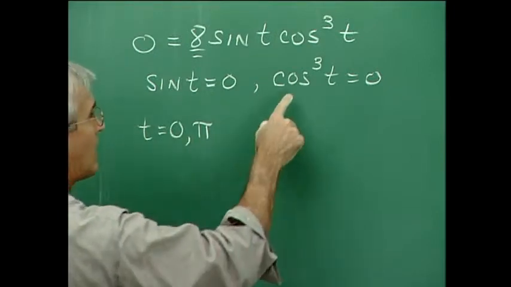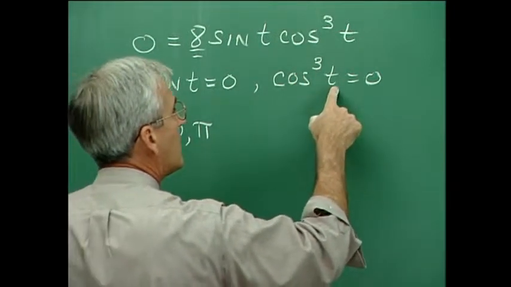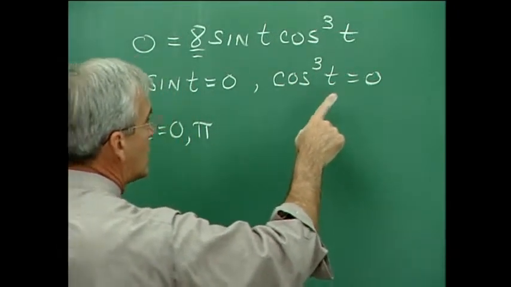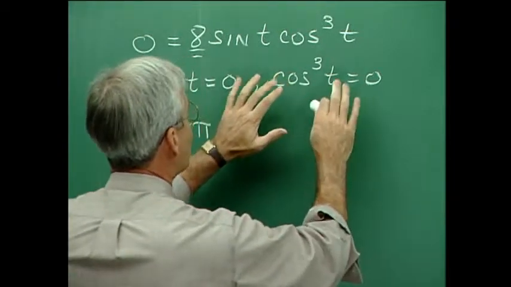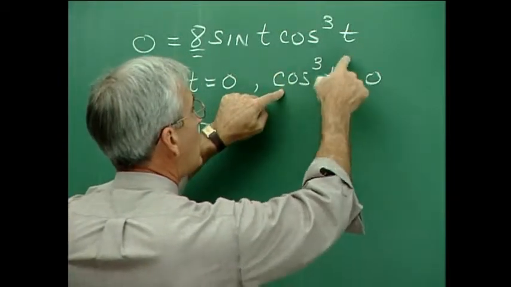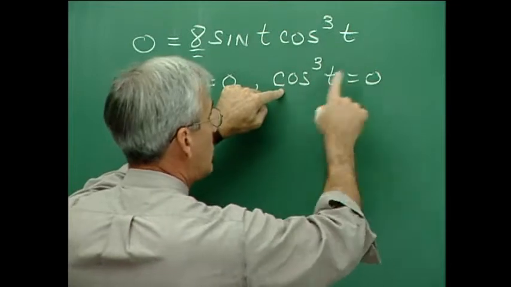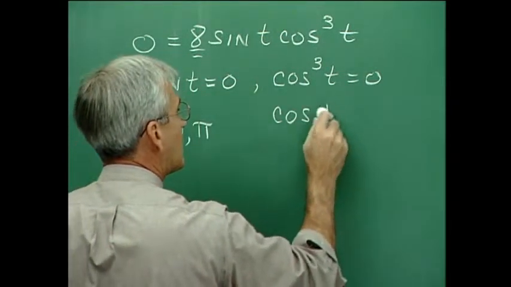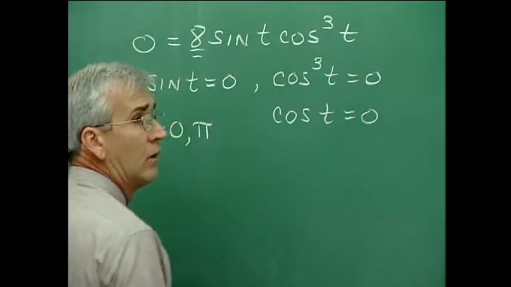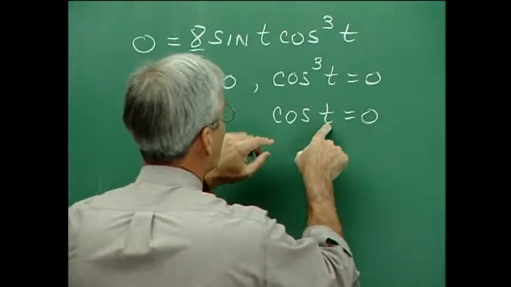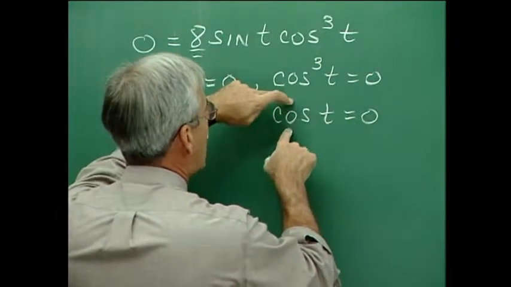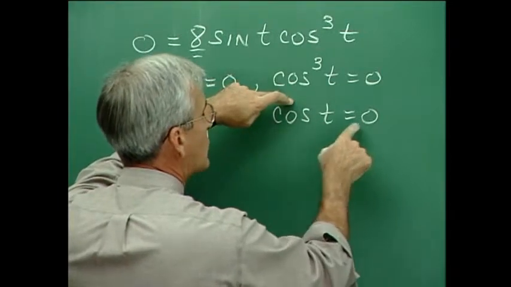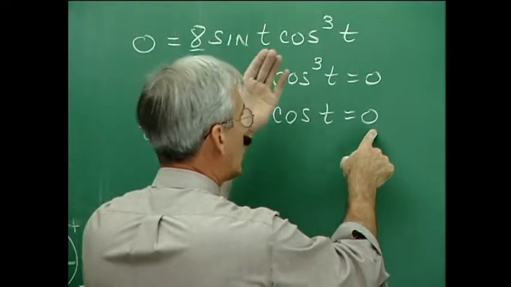All right, now, what about cosine cubed t? Now, understand that in solving this, it is cosine t all cubed, so I can sort of take the cube root on both sides. So this is equivalent to having cosine t equals 0. Okay, now we want the angles which have a cosine. Cosine of what angles would be 0? Well, think about the cosine curve.